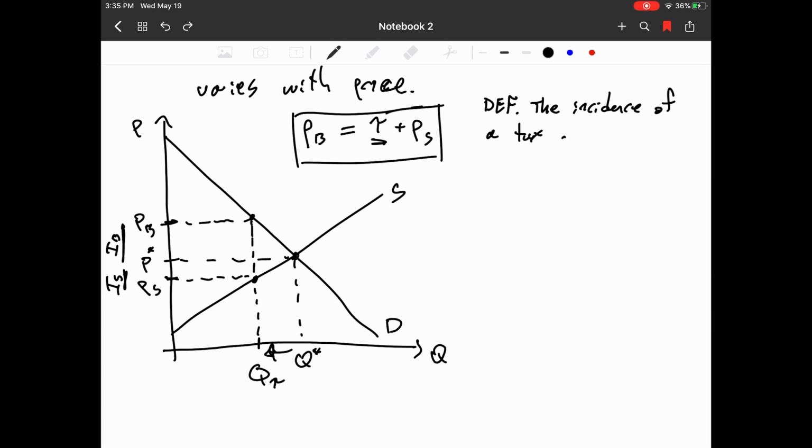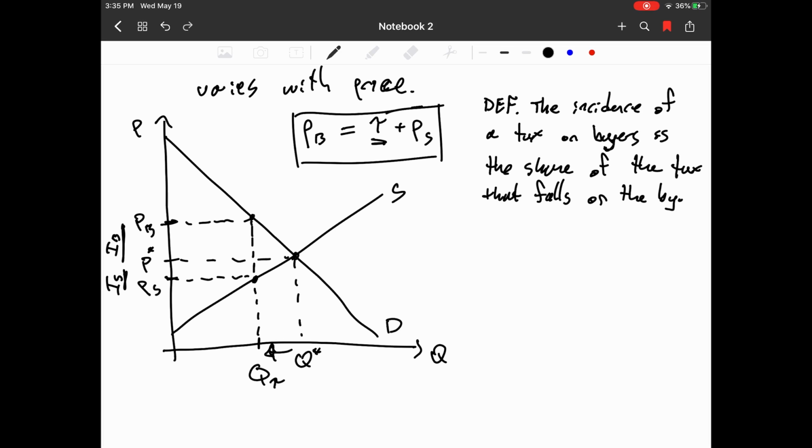The incidence of tax on buyers is the share of the tax that falls on the buyers.